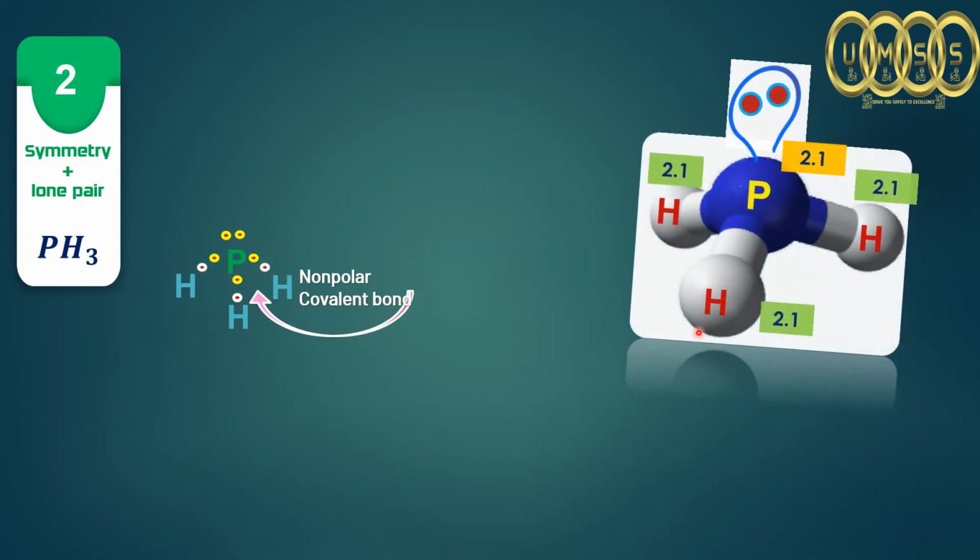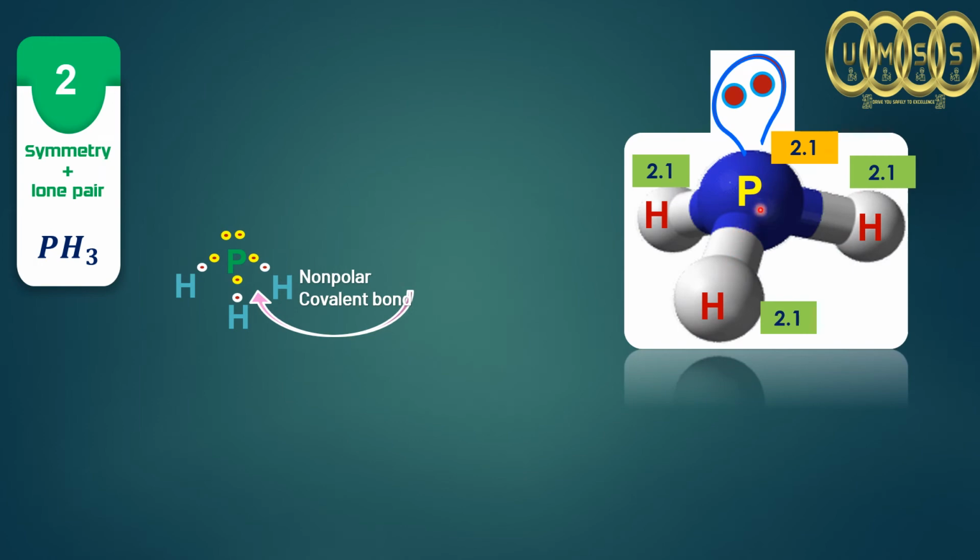But the geometrical shape of phosphine, which is a trigonal pyramid, gives the molecule its polarity character, as due to valence shell electron pair repulsion theory, the lone pair of phosphorus will repel the bond pairs and increase the electron density on the phosphorus atom, which acts as a negative pole, and the hydrogen atoms will act as a positive pole.